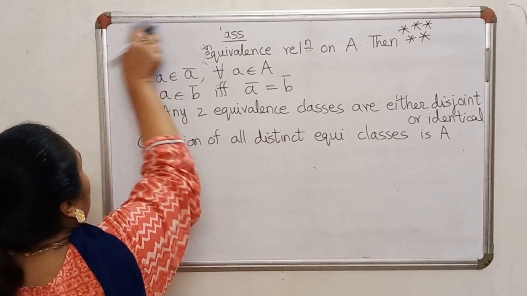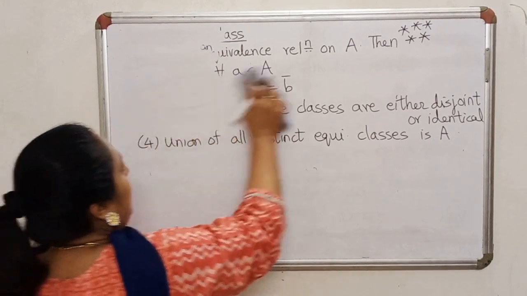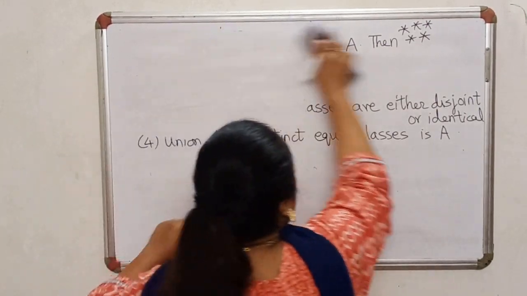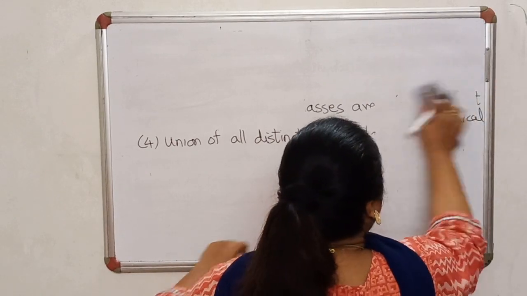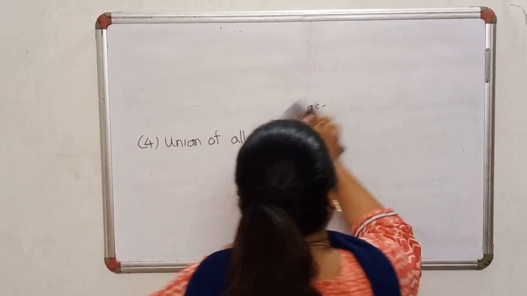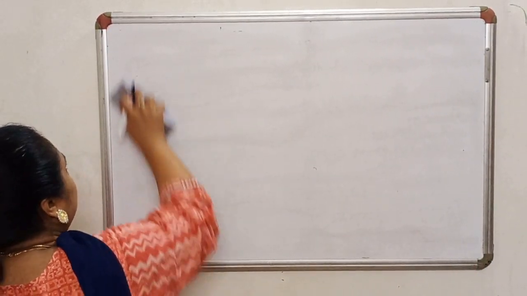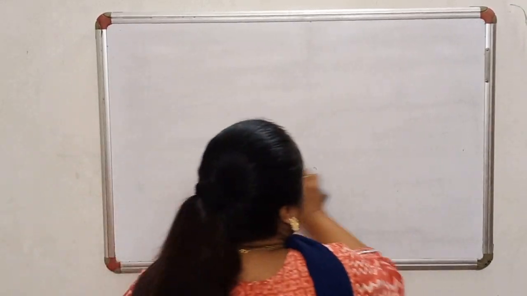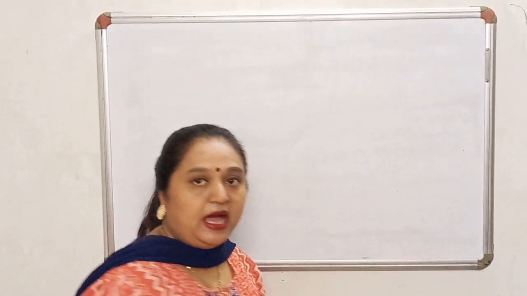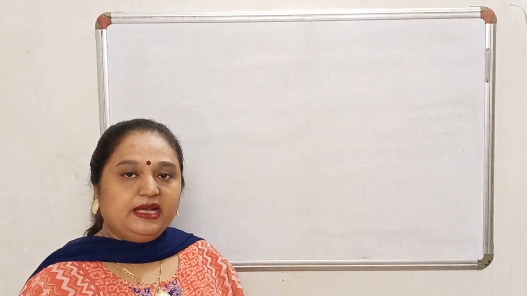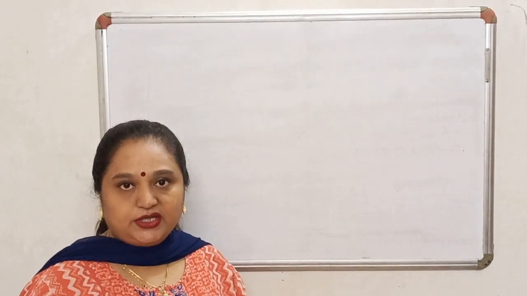Now I would like to discuss equivalence classes for a very specific relation, and we have discussed that relation earlier. Recall that in an earlier lecture I gave you all precisely one example of an equivalence relation.